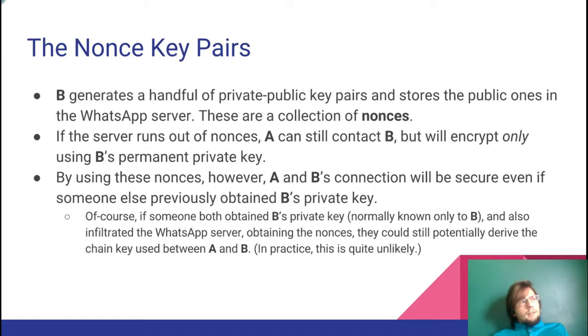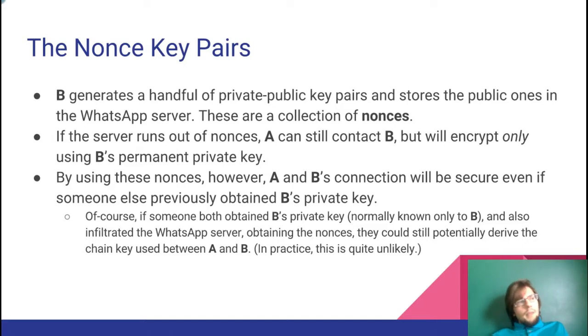Now, I talked about this nonce key pair, and I want to go into a bit more detail on that. So what happens here is when you get an account with WhatsApp, every user is going to generate a handful of public and private key pairs, and the public ones will be stored in the WhatsApp server. This will be a collection of nonces. When the server runs out of nonces, communication can still happen, but it won't be using the nonce anymore.